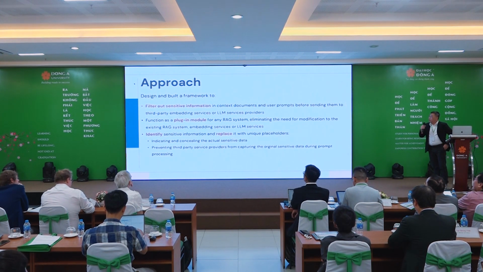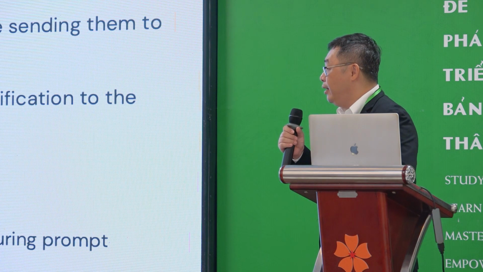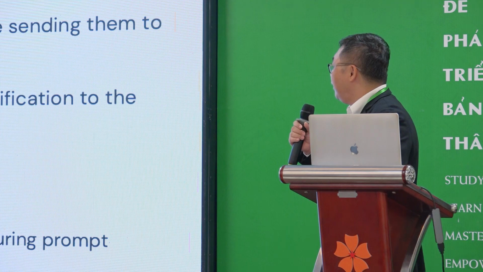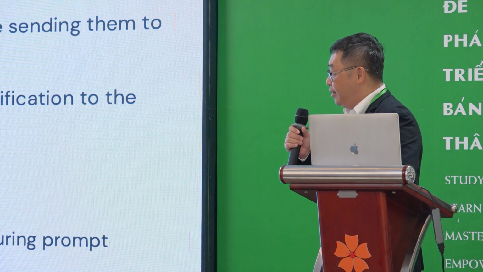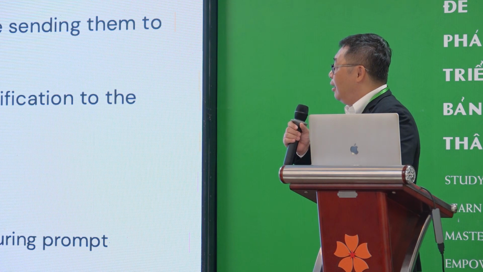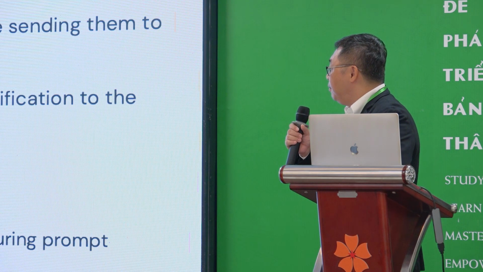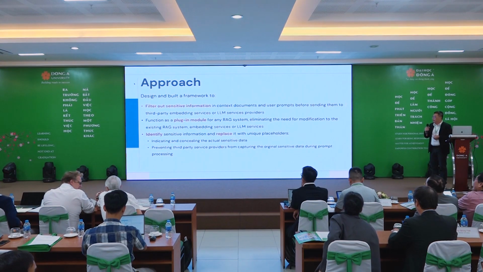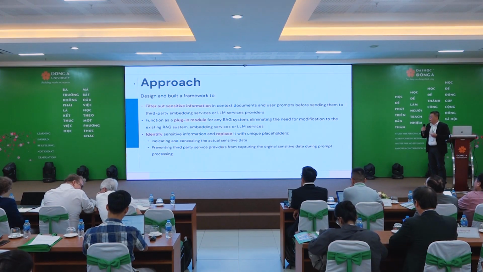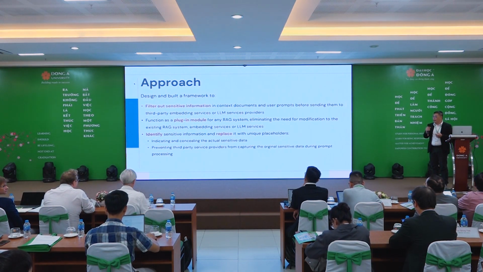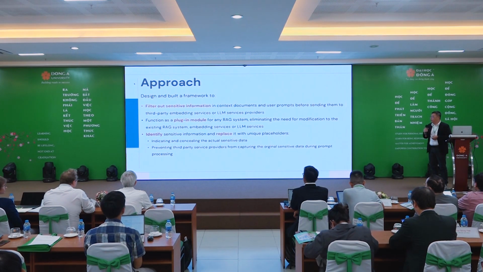To deal with this problem, we propose an approach to filter out all sensitive information in the context documents and in the user prompt before sending them to the third-party service providers. So we try to filter out and hide all the sensitive data. We developed our framework to function as a plug-in model for any RAG system, so that it can work with any RAG system without modification to the existing system, the embedding service, or the LLM service provider.